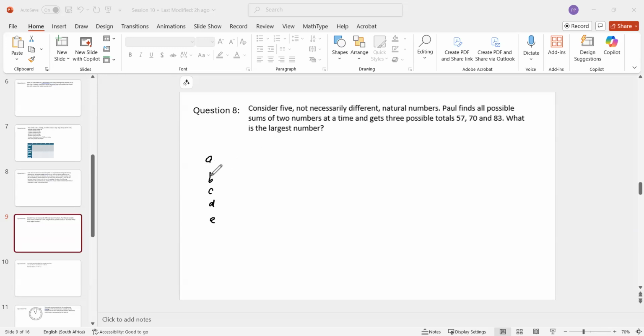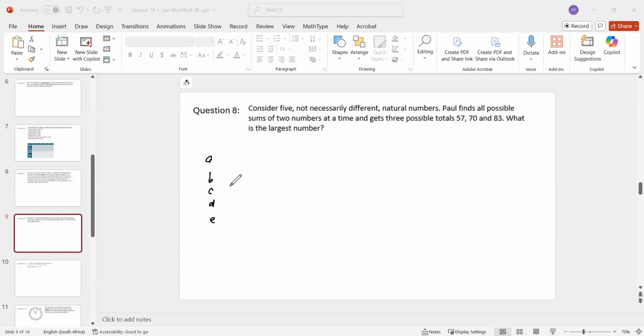A plus B, or A plus C, or A plus D, or A plus E. He writes down all these possible sums, but he only gets three totals, although there are so many additions that take place. And the question is, what is the largest number? So A plus B is going to be one of them. B plus C is going to be one of them. They say, what is the largest number?